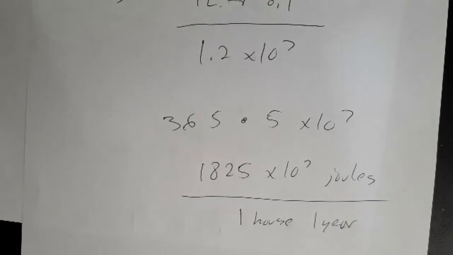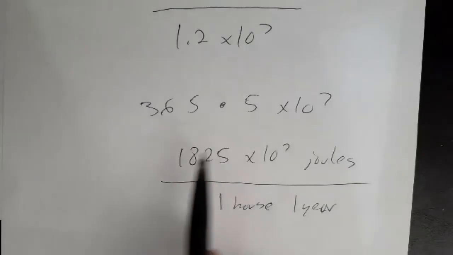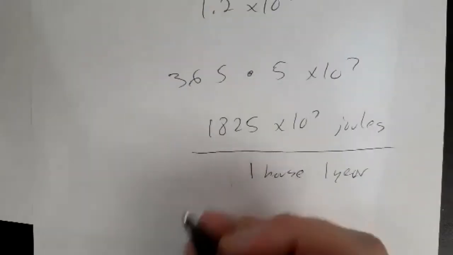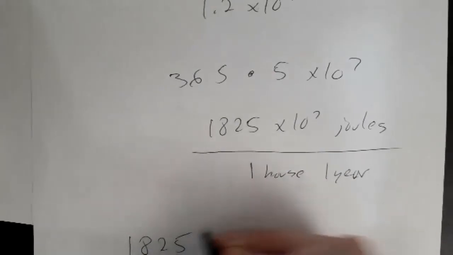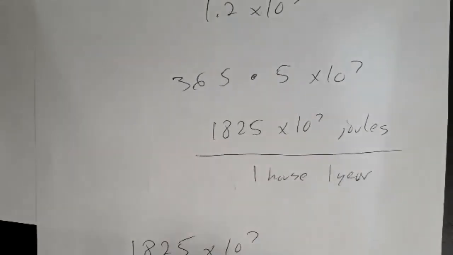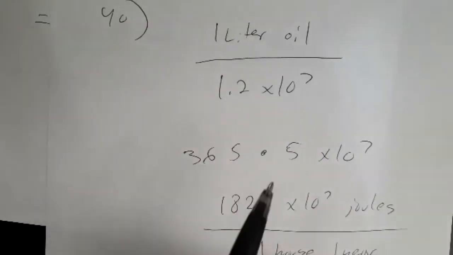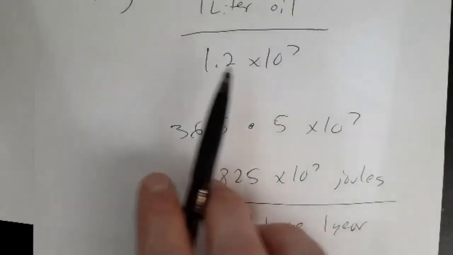And so now they want to know how many liters of oil are required to supply electrical energy for 1 house 1 year. There are a few ways you could do this. And even the previous one, you can think about this. This is the total amount of energy we're going to need. So you can do a unit analysis. But this is the total amount of energy we need. And we're dividing this energy up into this thing.